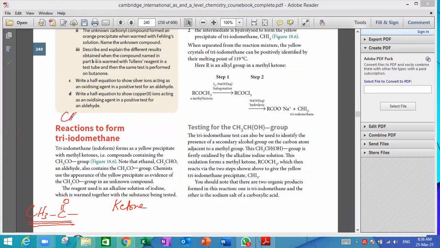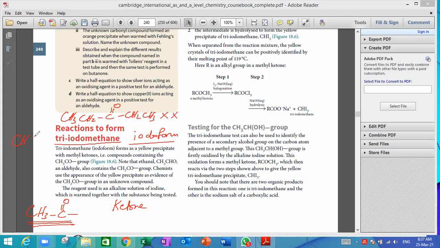If we have a ketone in this way, CH3, CH2, C double bond O, CH2, CH3, it will not give a positive result with this test. This test, we say the formation of triiodomethane, or sometimes we call it the iodoform test.